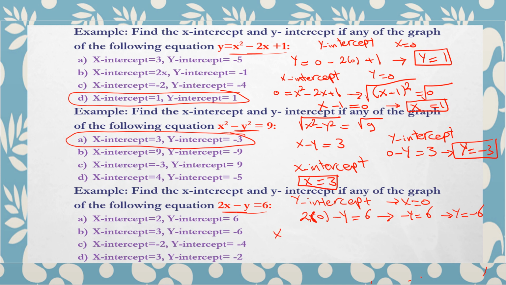For the x-intercept, we set y equals 0. 2x equals 6, then x equals 3. So the correct answer is B.